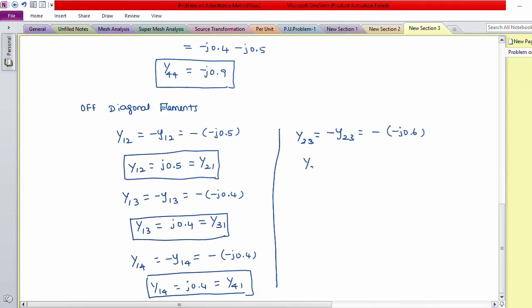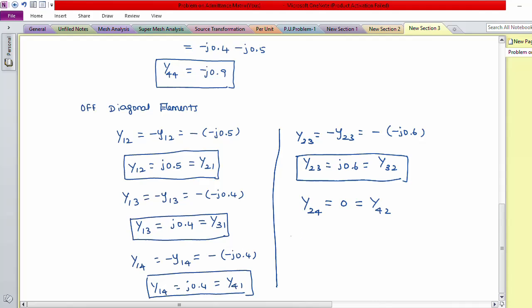So y23 equal to j 0.6, that will be equal to y32. Similarly, y24: there is no line connected between bus 2 and 4, so y24 becomes 0. Similarly, that will be equal to y42.